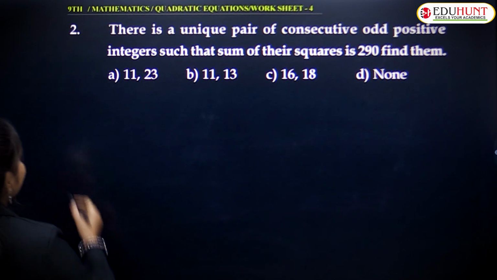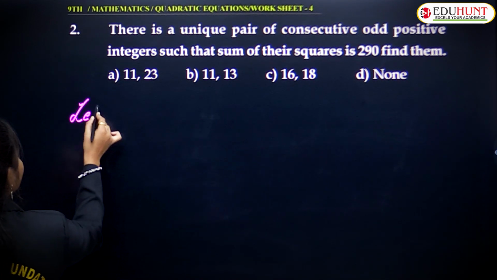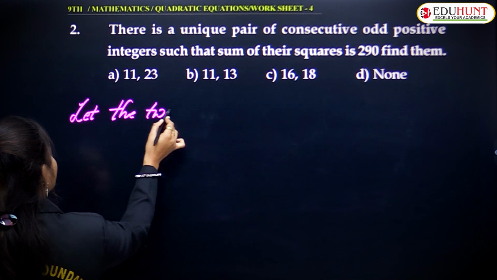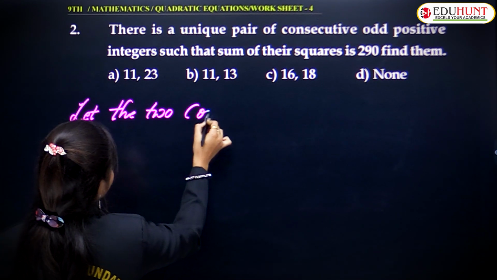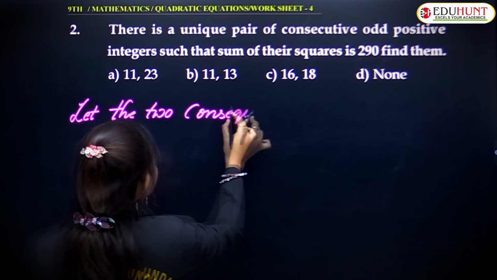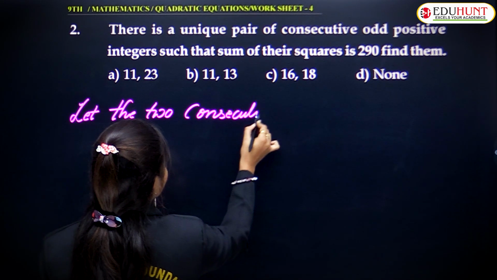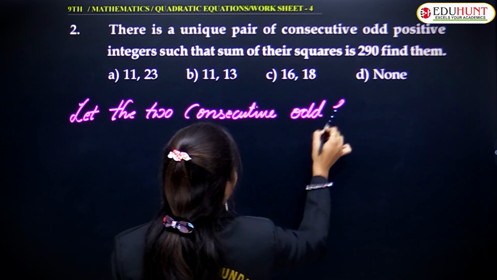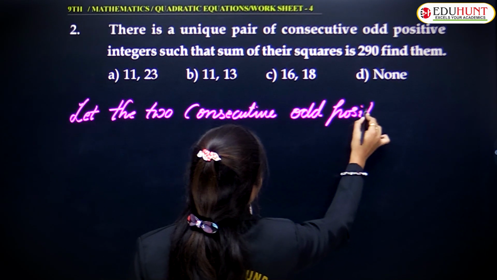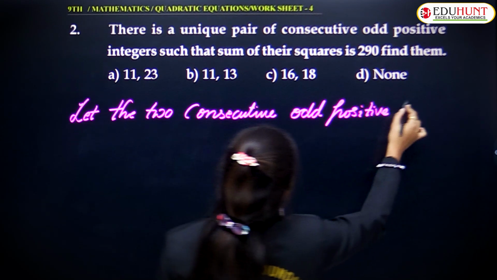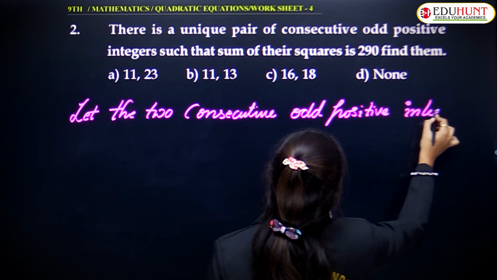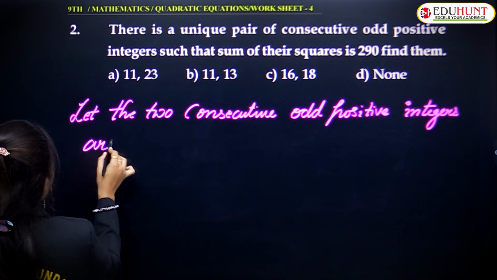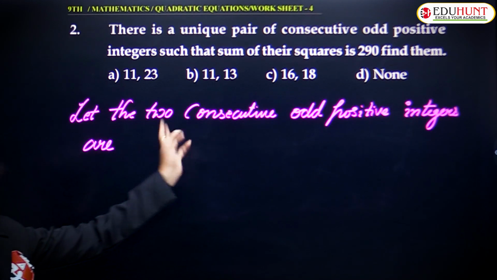Okay, let the two consecutive odd positive integers be... Here they are saying two consecutive odd positive integers.